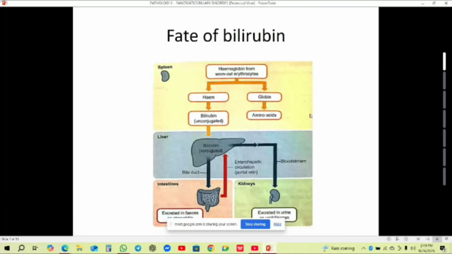So part of the work of the liver is to conjugate bilirubin, so that we have conjugated bilirubin. Sometimes we call it direct bilirubin. So if you hear of direct bilirubin, it's going to be conjugated. And if you talk of indirect bilirubin, you're talking of bilirubin that is unconjugated. Most of the bilirubin will be direct, that is conjugated.